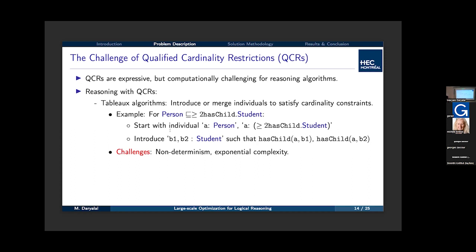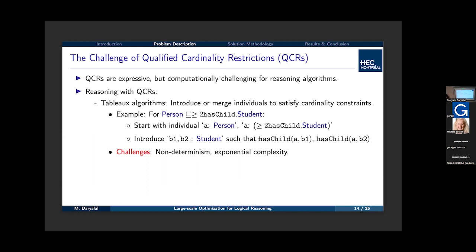In order to reason about this and understand it, first they say, okay, A is a person, Maryam is a person, and then they introduce two other things, somebody B1 and B2, and they say, okay, now A and B1, and A and B2, have this relationship. So first, they try to find all these individuals for all of the at least restrictions.